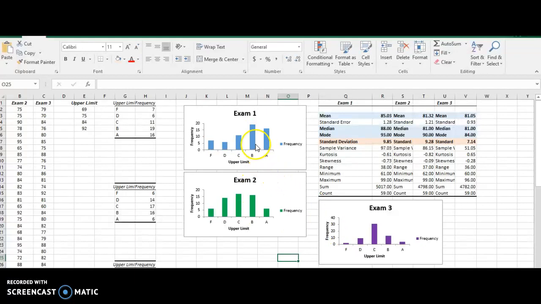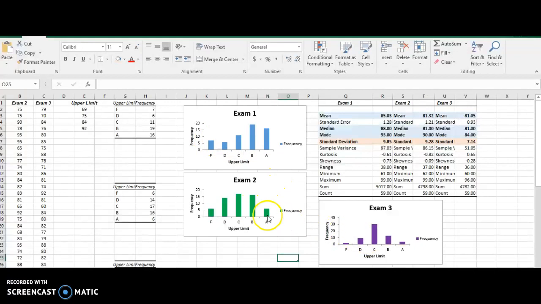So for example, exam 1, and you can see that it is not necessarily symmetrical, that the bulk of the scores were up in the upper levels of A, B, and C. And then there were a few maybe outliers or a few elements down here in D and F. So this would be categorized as not a normal distribution, but one that is skewed, and skewed left, or negatively skewed. The skewness is always towards the tail, where the fewer the items are.